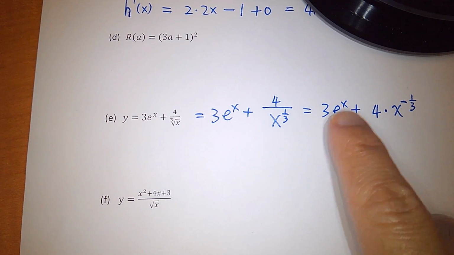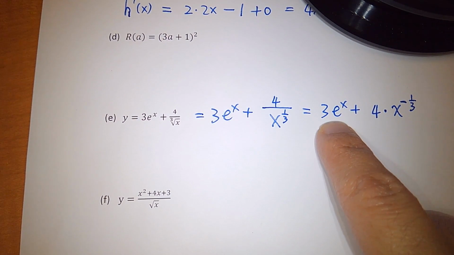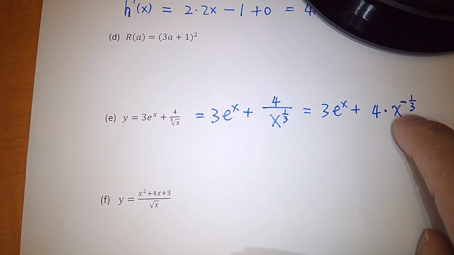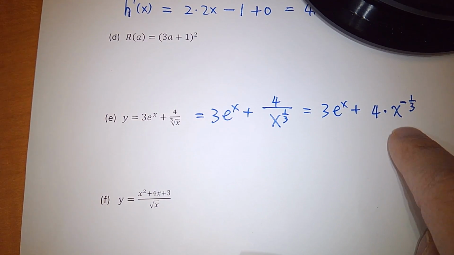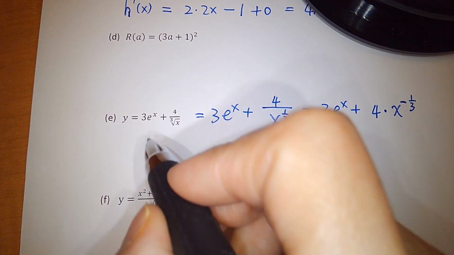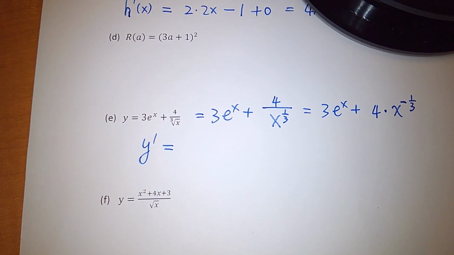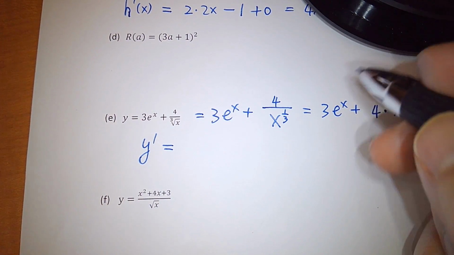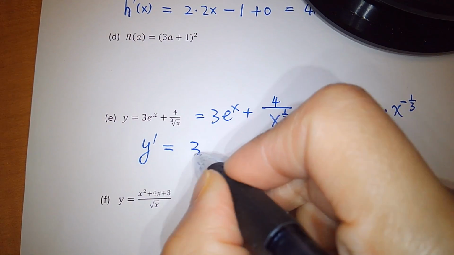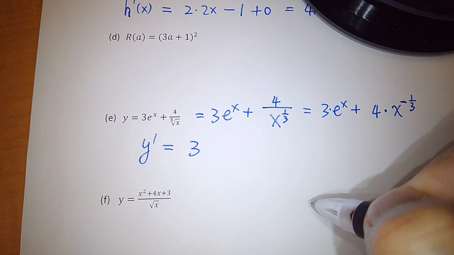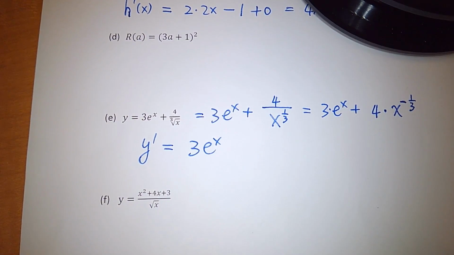Okay, so now we have natural exponential, we have the power function. So the derivative of the function, we use y prime, is going to be what? 3 times, what's the derivative of e to the x? e to the x.